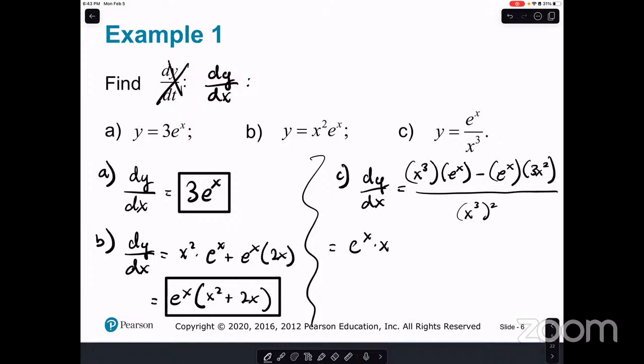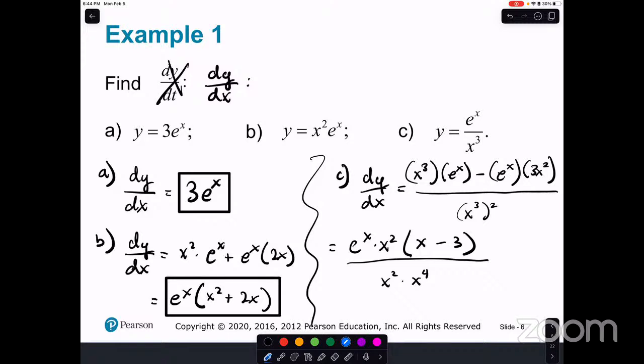Now, that's x to the power of what? We multiply, yeah, x to the power of 6. We can rewrite x to the 6 as x to the 4 times x to the 2, right? So x to the 6 is the same as x squared times x to the 4. I did that because that will allow us to cancel these guys.